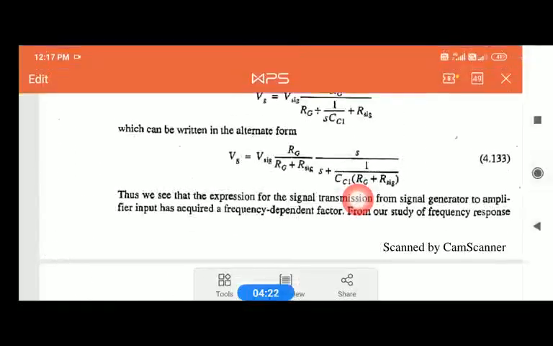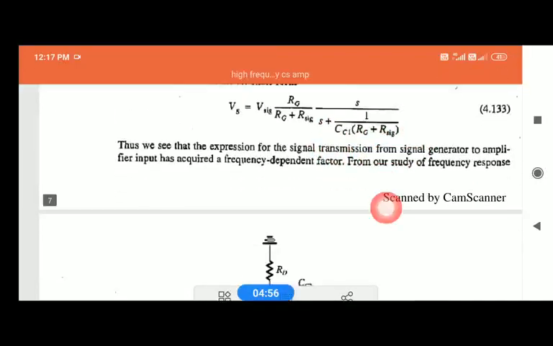In the last session I showed you the equation for the STC circuit in high pass mode, where the transfer function is given as k into S divided by S plus omega naught, where k here is RG divided by RG plus R signal, the transfer function is Vg divided by V signal, and omega naught is 1 divided by CC1 into RG plus R signal.